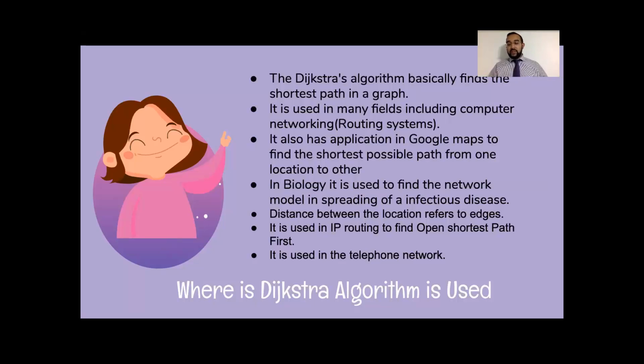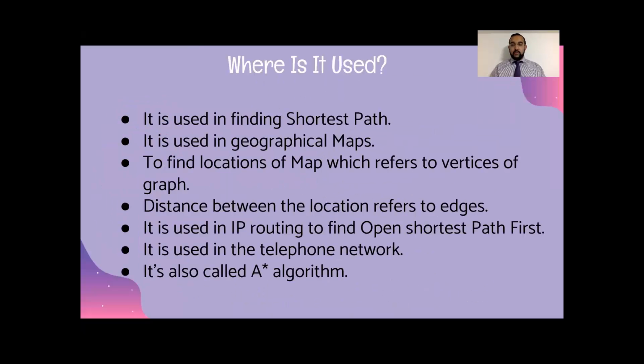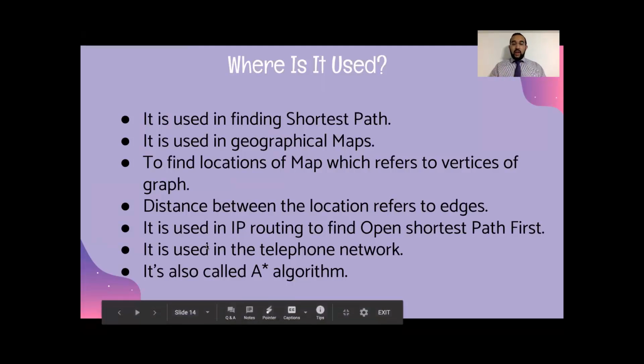So if one person has an infectious disease, how it's carried to another person, from point A to point B. It's also used in IP routing to find open shortest path first. It is also used in telephone networks as well. Once again, it's used in shortest path, geographical maps, finding a location from point A to point B, telephone networks, and IP routing as well. It's also sometimes called the A* algorithm.